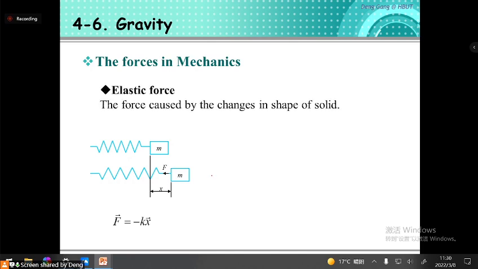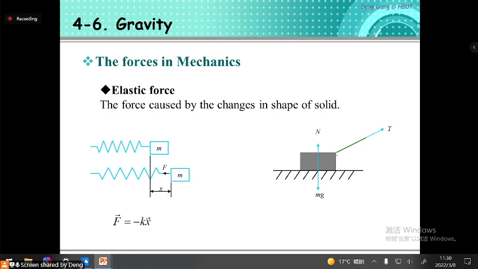So this is one kind of elastic force, the force caused by the change in the shape of a solid. When you change the shape of this spring, it wants to go back to its original position, so the force appears because of this. And the elastic force is not only the force in the spring, but also like this.